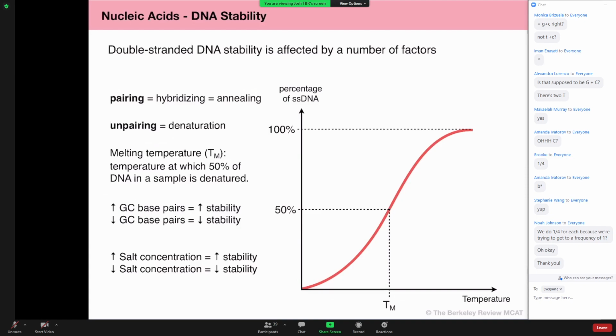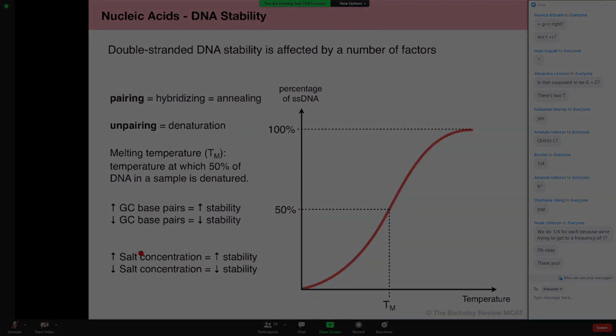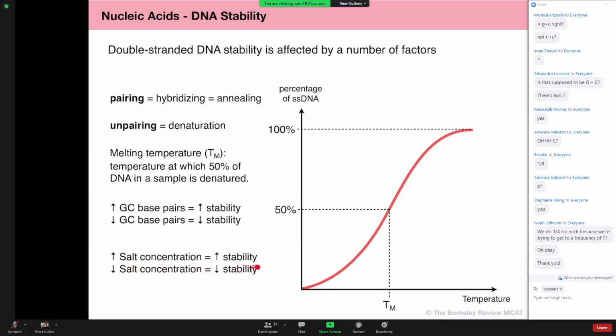Salt concentration will also increase the stability of your DNA. That's because DNA is negatively charged, and if you have a positively charged ion like magnesium, it can help stabilize those negative charges.